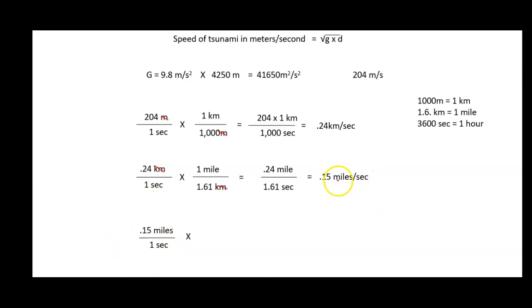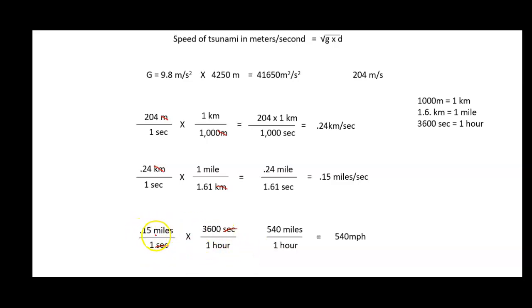So I rewrite this so that 0.15 miles is on top, 1 second is on bottom. I want to multiply by a conversion factor, where the top and bottom are the same amount. They're just in different units. Here's my conversion factor. I put my seconds opposite each other. As long as one's on the bottom and one's on the top, they will cancel. My seconds are going to go away. I multiply across.